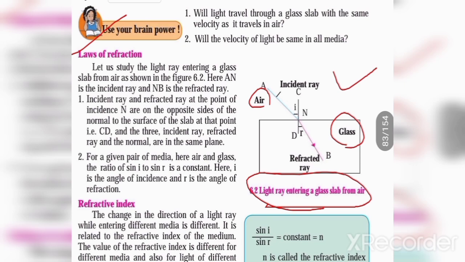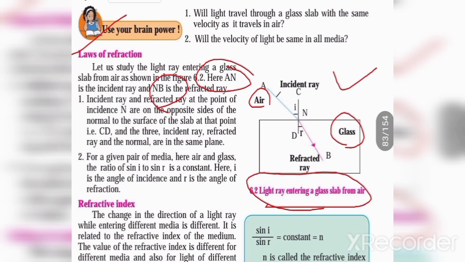It is also given that the incident ray and refracted ray at the point of incidence N are on opposite sides of the normal to the surface of the slab at that point, that is CD. AN is the incident ray and NB is the refracted ray.